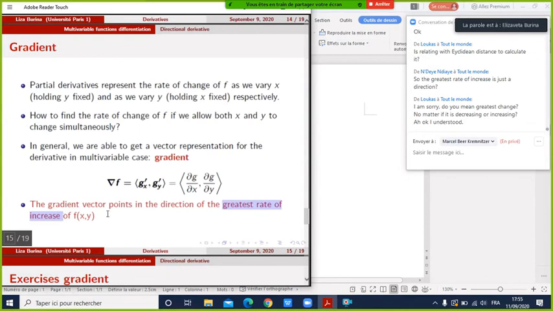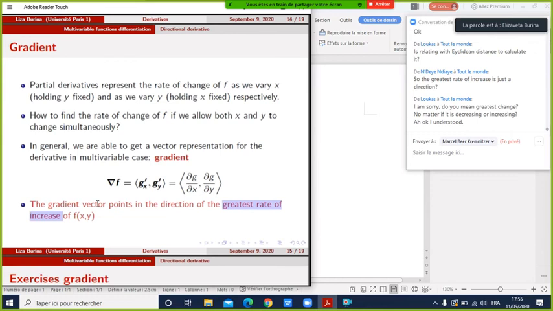And depending on the function, depending on where we start from, we can end up with the idea that there is no increase. It can happen. But, well, no, I'm not going to say anything that's going to be confusing.